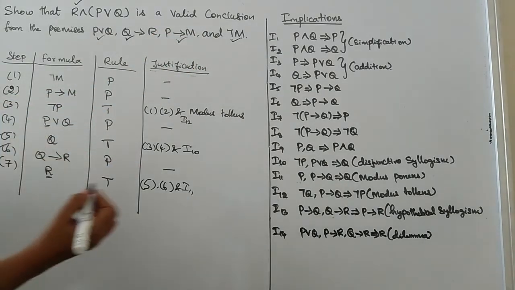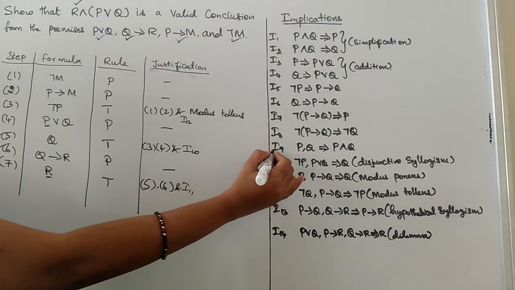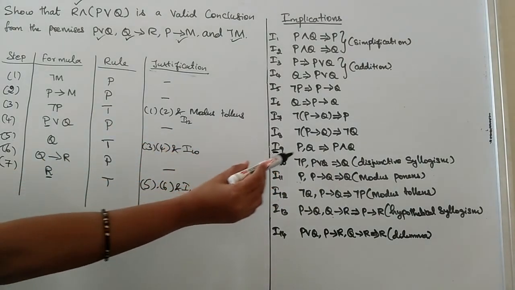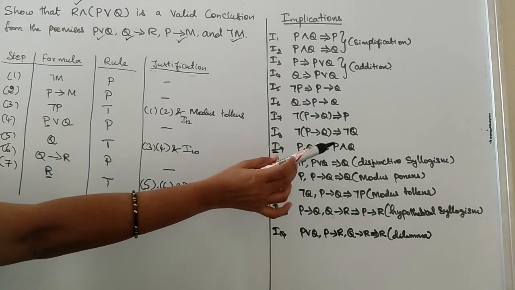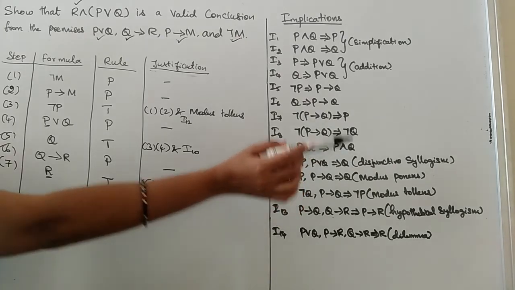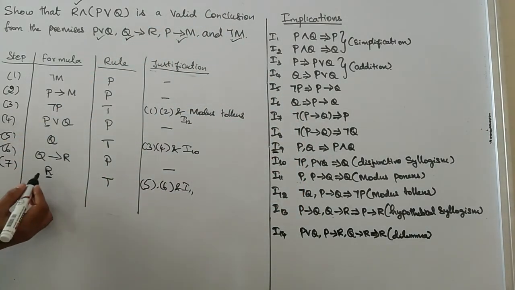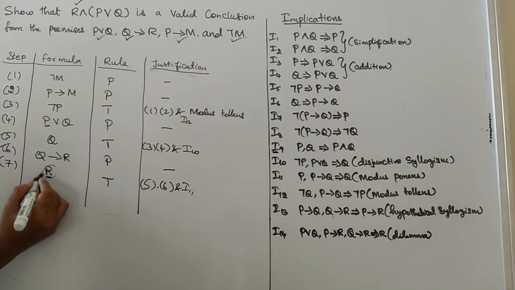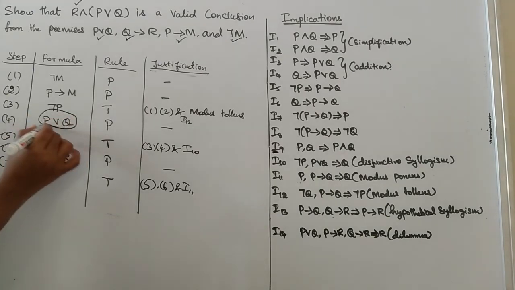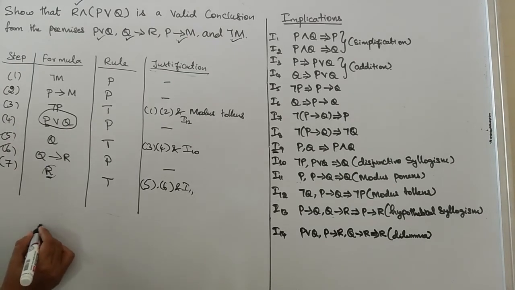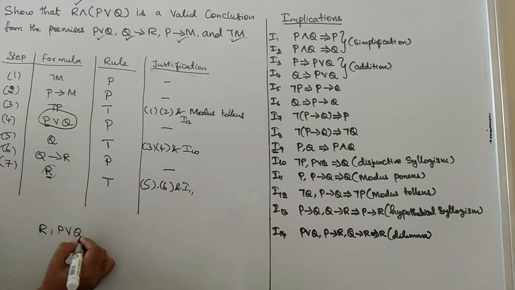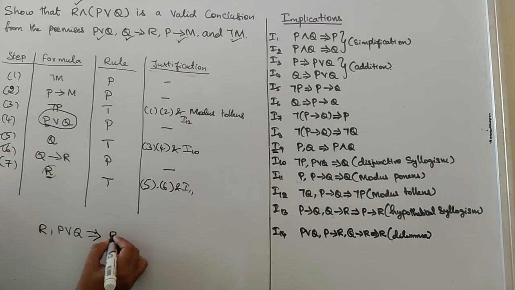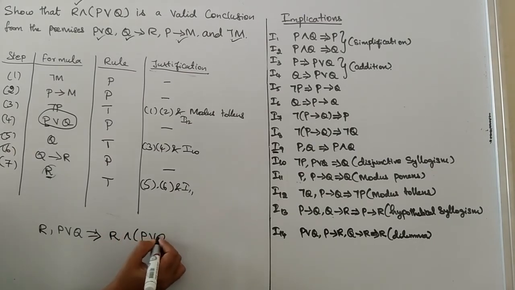So I choose I9: P comma Q tautologically implies P and Q. Here I take R as P and this entire statement as Q, that is R comma (P or Q), which tautologically implies R and (P or Q).